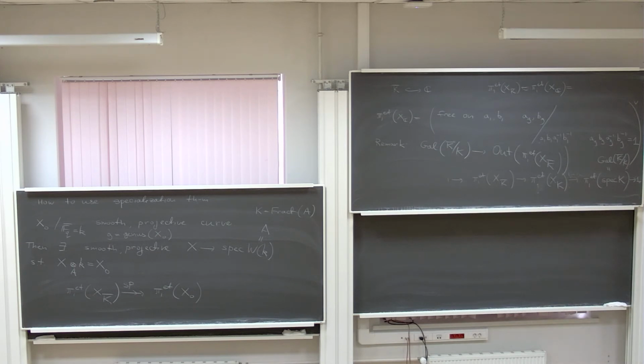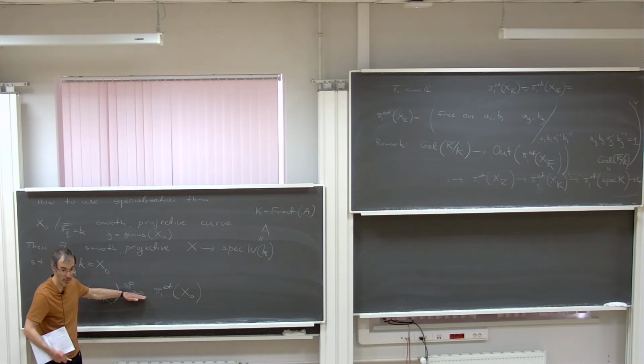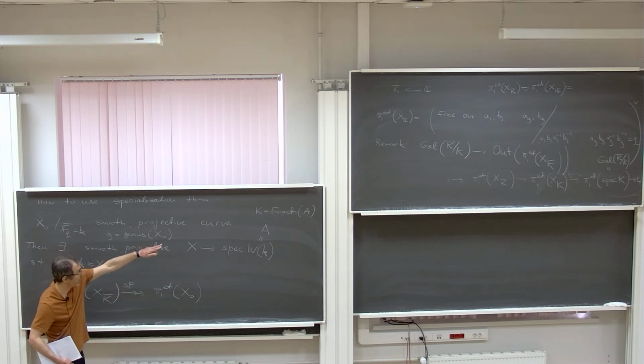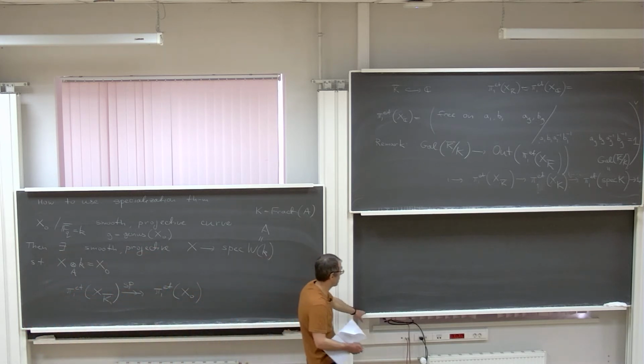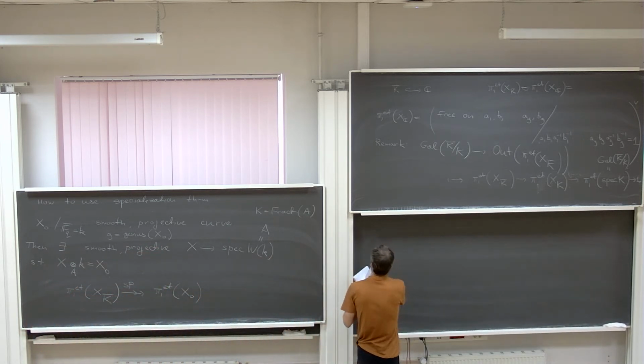Very good. Now this is a remark. The specialization theorem asserts that this is a surjective map, and it's also an isomorphism on the coprime to characteristic quotient. So let's introduce some notation.